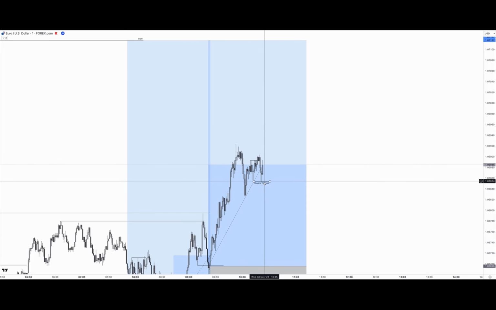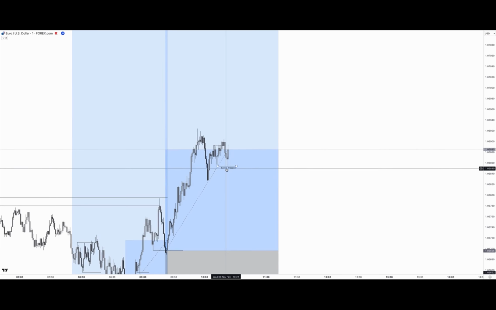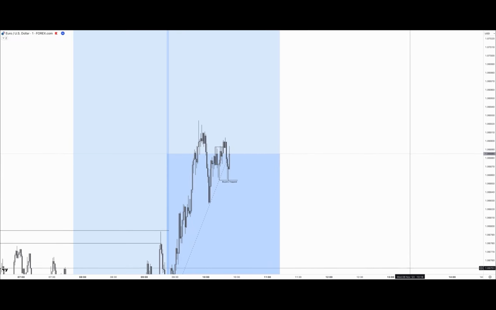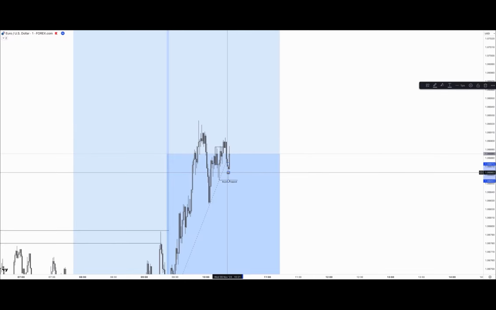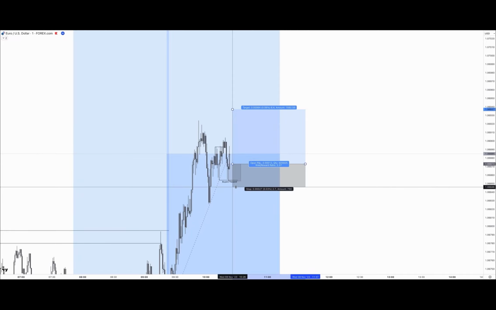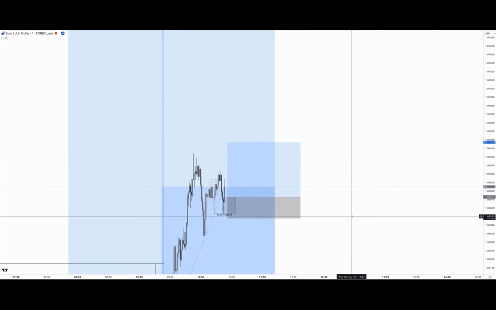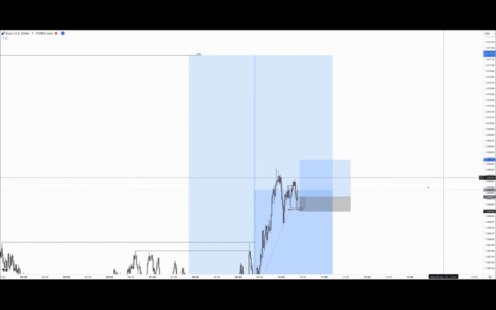So the highs were taken and then the lows taken, right? You can see that the low was swept, and then price leaves a clean 1 minute liquidity block right here where you could enter from, and then keep your stops below the low and target the highs.